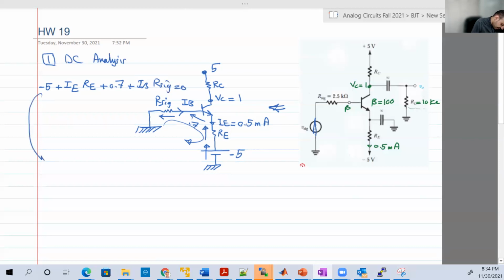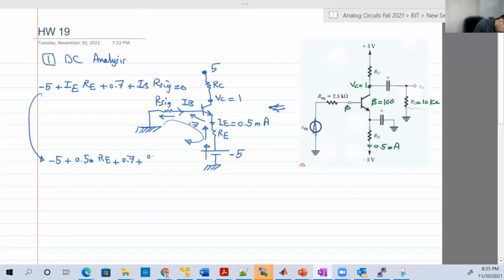From that, remember that IE and IB are related. IB is equal to IE over beta plus 1, because beta is 100 here. So let's check now. -5 plus IE is known, which is 0.5 milliamperes. RE is required or unknown. 0.7 is known, of course.